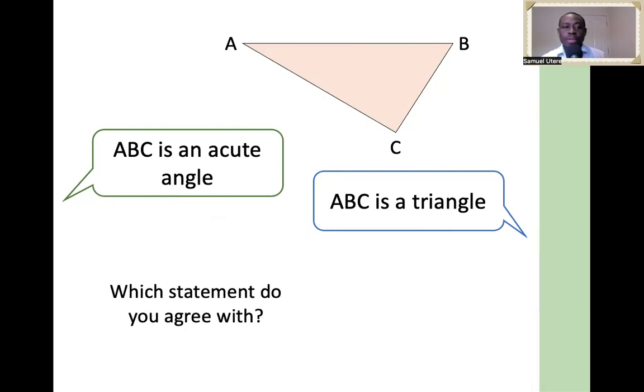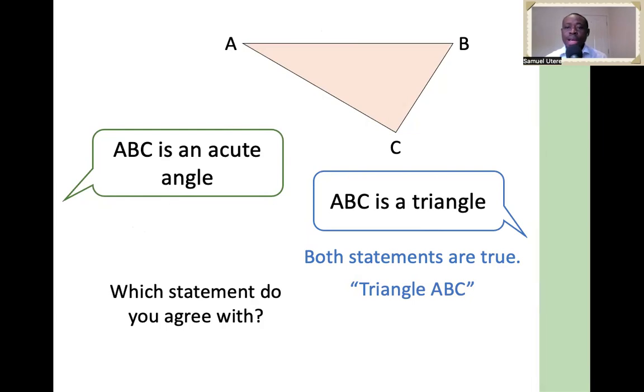Well, both statements are actually correct. Why? They are correct because they're actually saying the right thing, but we have not been more specific. So it is much better to say triangle ABC. So the person knows that the letters you're using refer to triangle ABC. Can you see that that's more specific?